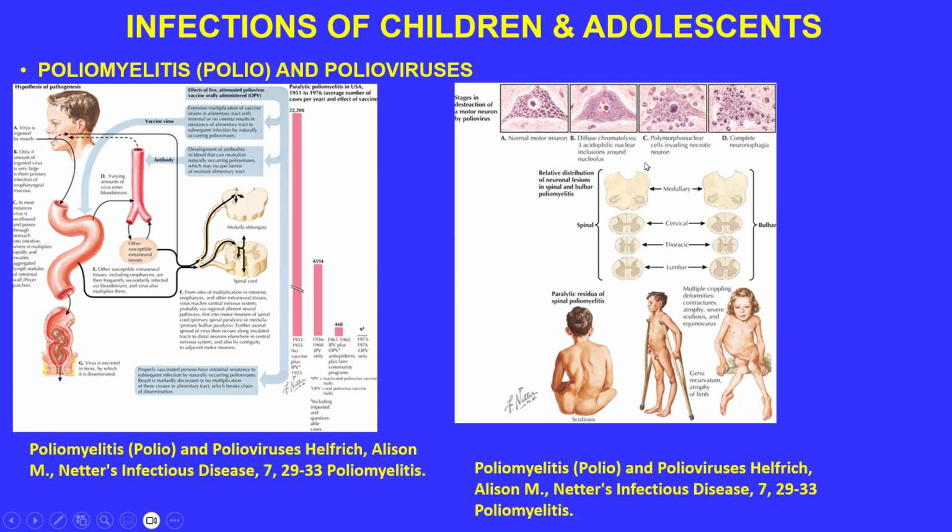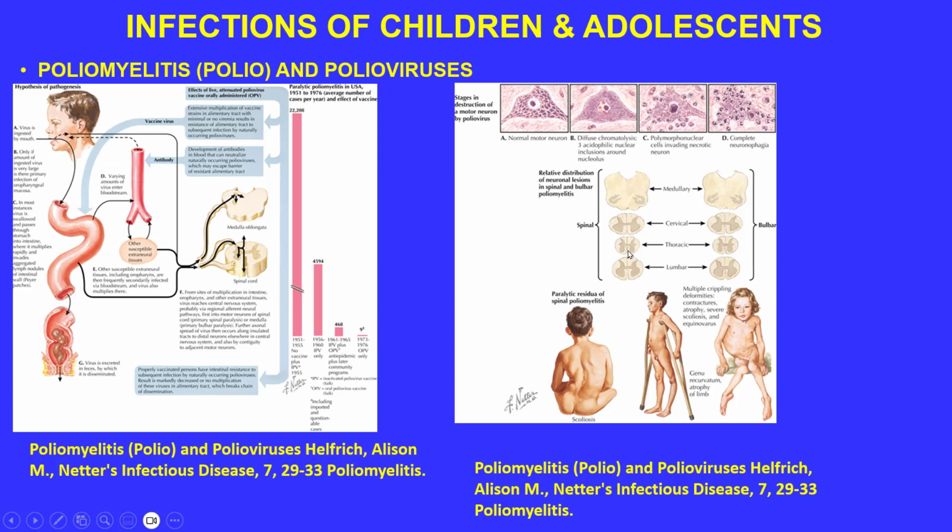You can see also this here. Some of these individuals have multiple crippling deformities, contractures, atrophy, severe scoliosis, equinovarus, etc.